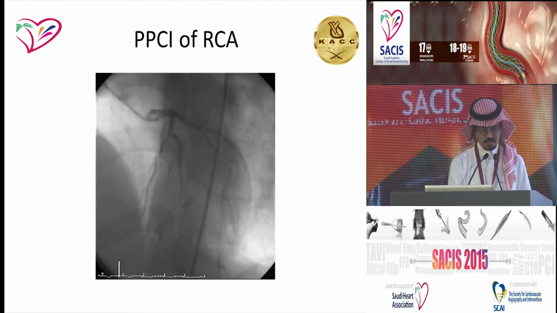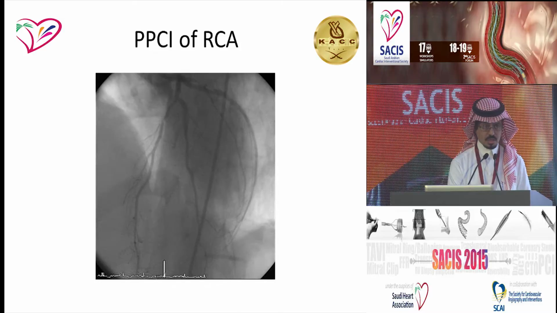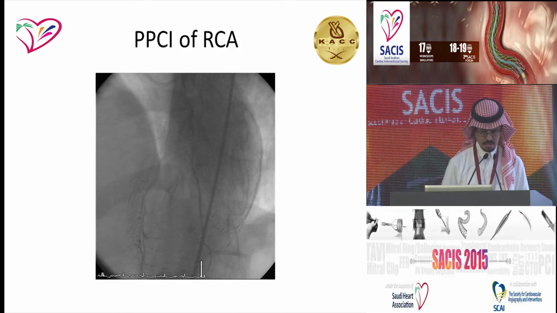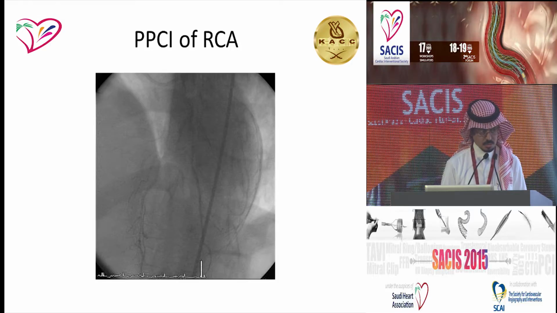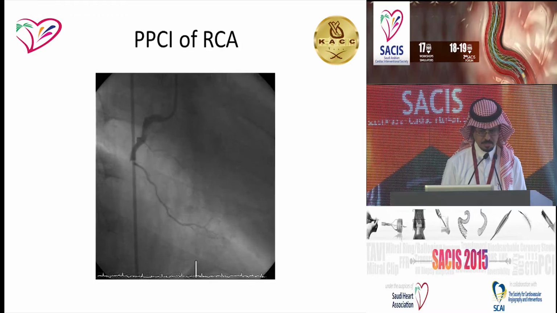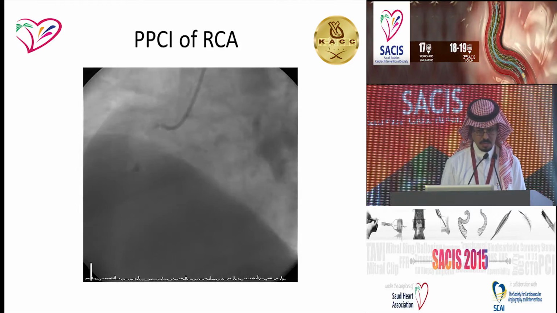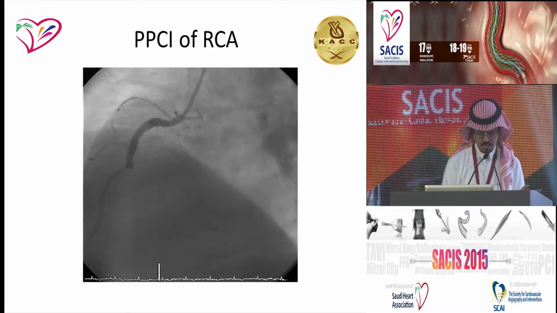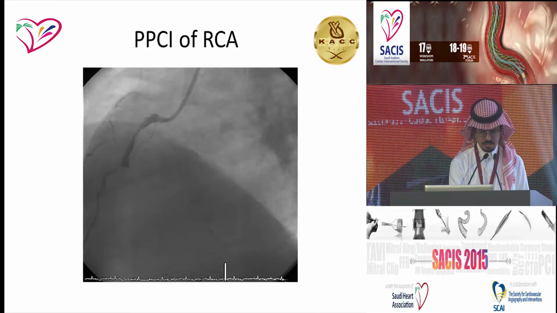On the left side, you see almost a double LAD, like the diagonal, parallel and long, the same size as the LAD. A true bifurcation involving the ostium of the diagonal and the LAD before and after the bifurcation.